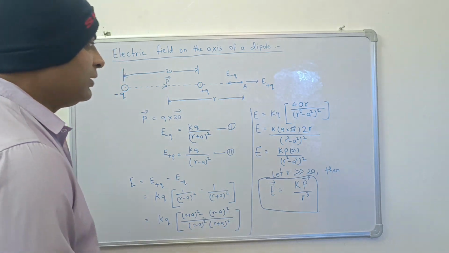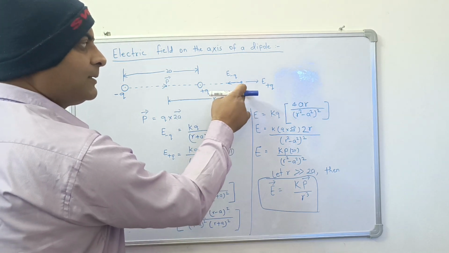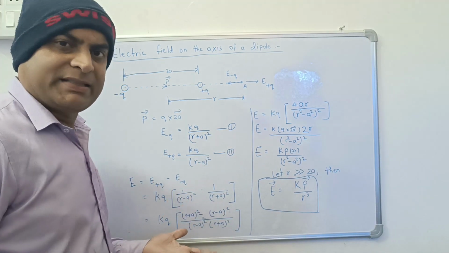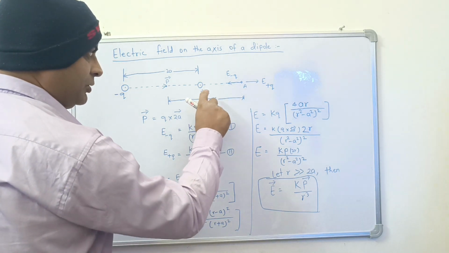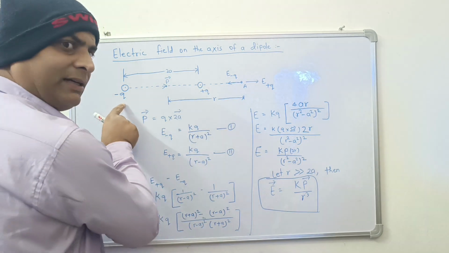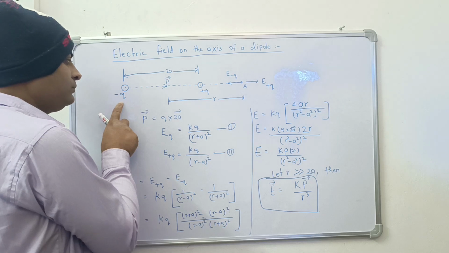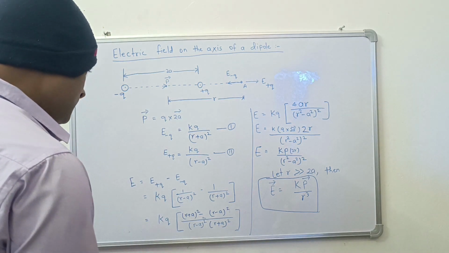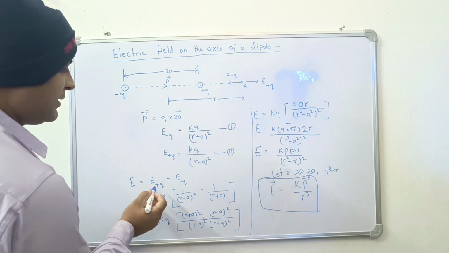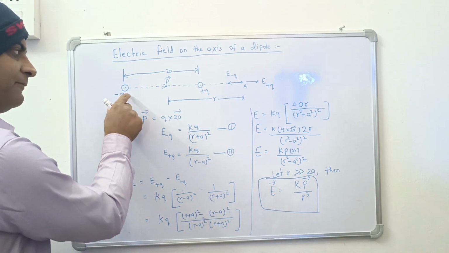Now the positive charge is very close to point A, where we have to find the electric field, so the magnitude of the field due to the positive charge will be much greater than the field due to the negative charge.